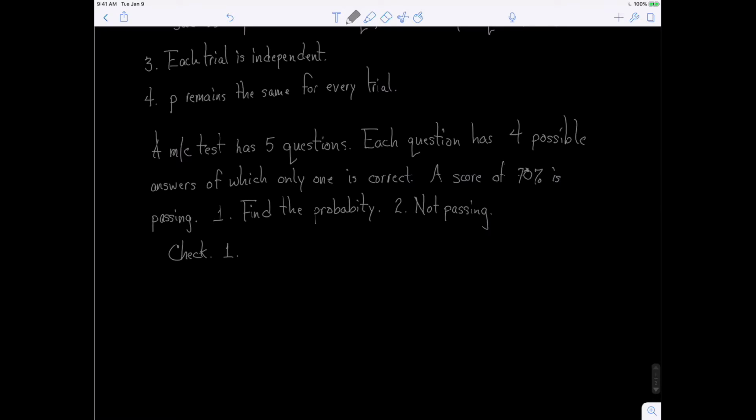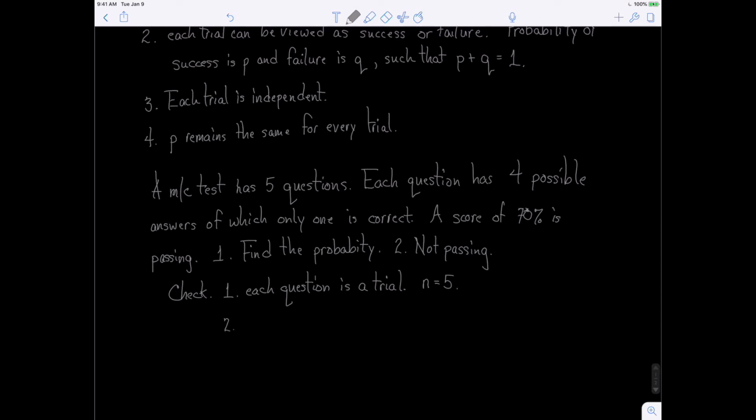Each question is a trial. And in this case, there's 5 questions, so we would say that n is 5, the number of trials. Number 2 asks about success and failure.